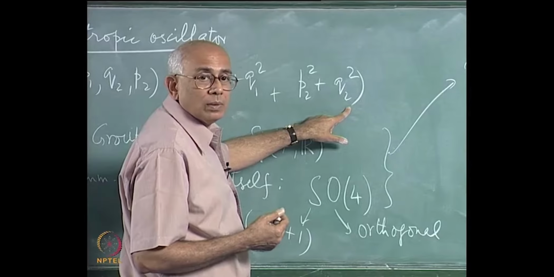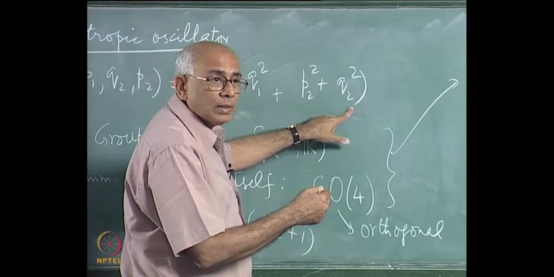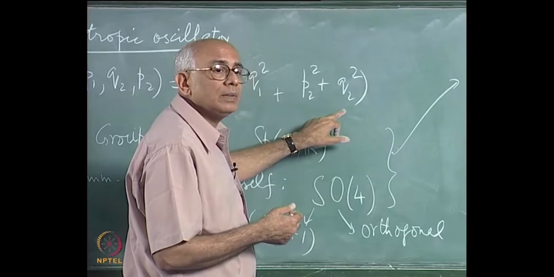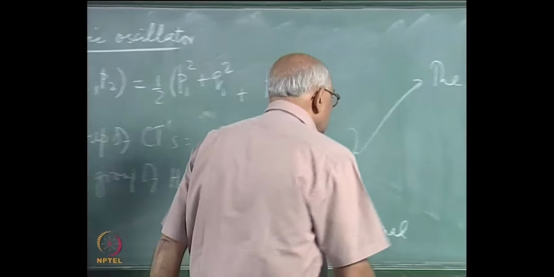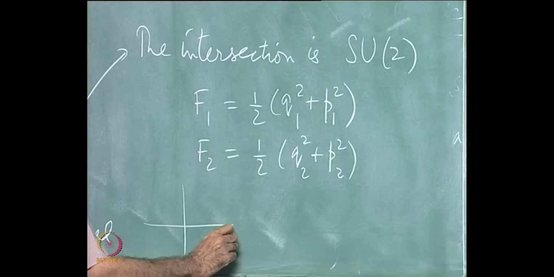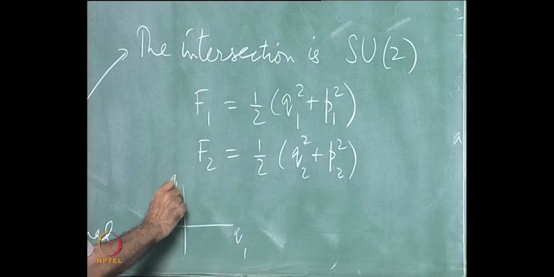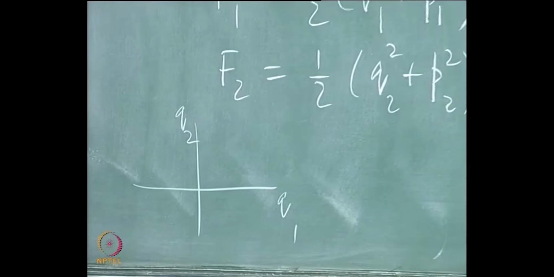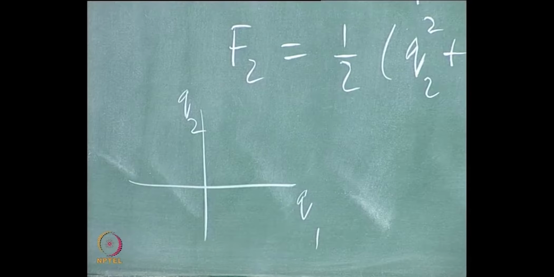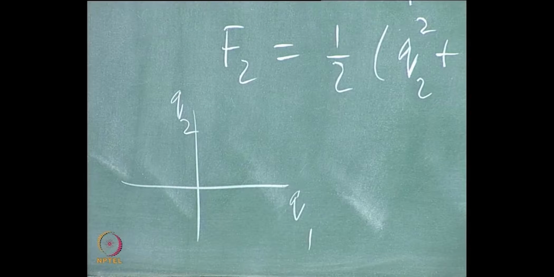If I write this down in plane polar coordinates, this is just 1/2 r squared. So what do you think is constant in such a motion? Well, here is this particle in the Q1 Q2 plane. Well, the actual shape of the trajectory will depend on initial conditions, it will depend on what the phases are, what the initial values of Q1 and Q2 are, that is certainly true.